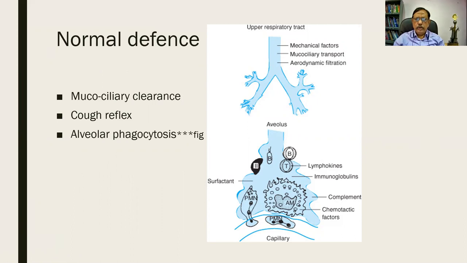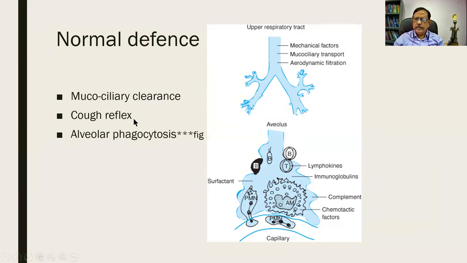Before we go into the topic further, what are the normal defense mechanisms that we have got to avoid such infections? One is a constant mucociliary clearance. The upper respiratory tract as well as the trachea are all lined by this.